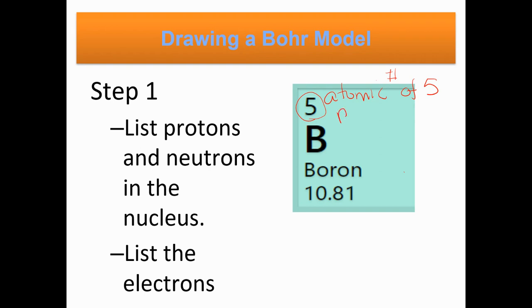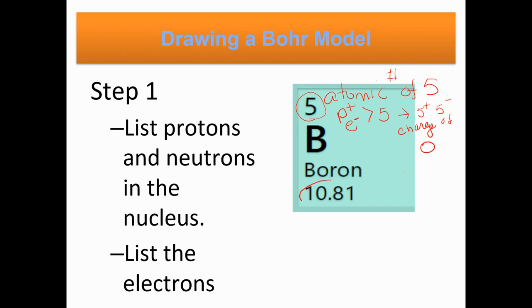So in order for that to happen, we have to have protons, which are positive, and the same number of electrons. In this case, that number is going to be 5, so that we have 5 positive and 5 negative, and as a result, we're going to end up with a charge of 0. Okay, so that's good. Keep 5 in mind, because the atomic number tells you the number of protons and the number of electrons.